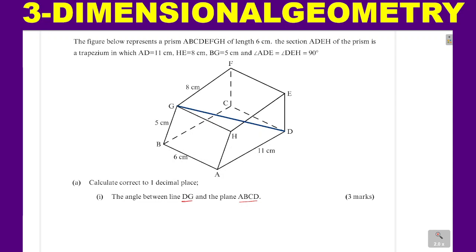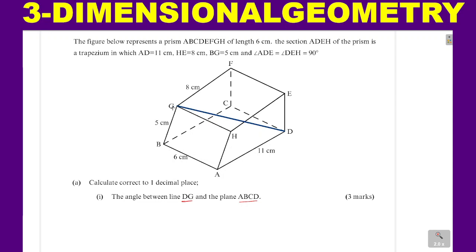To get the angle between a line and a plane, we get the angle between the line and its projection on the plane. So we begin by getting the projection of DG on the plane ABCD.